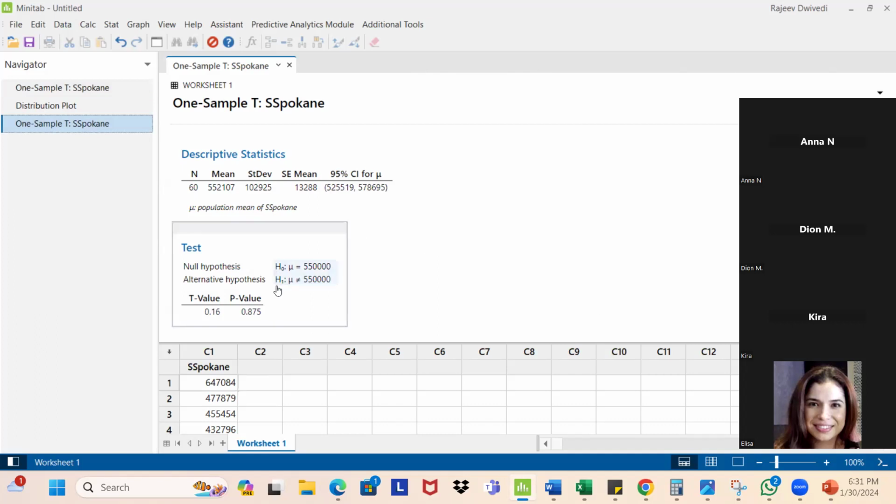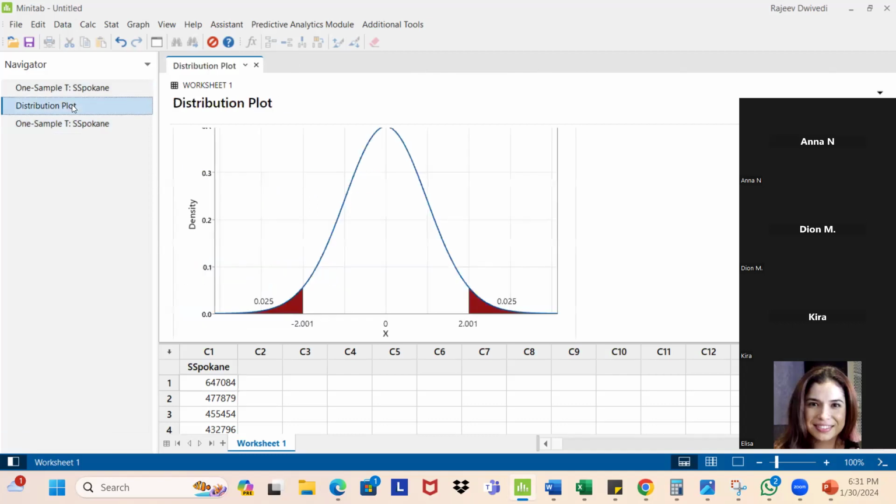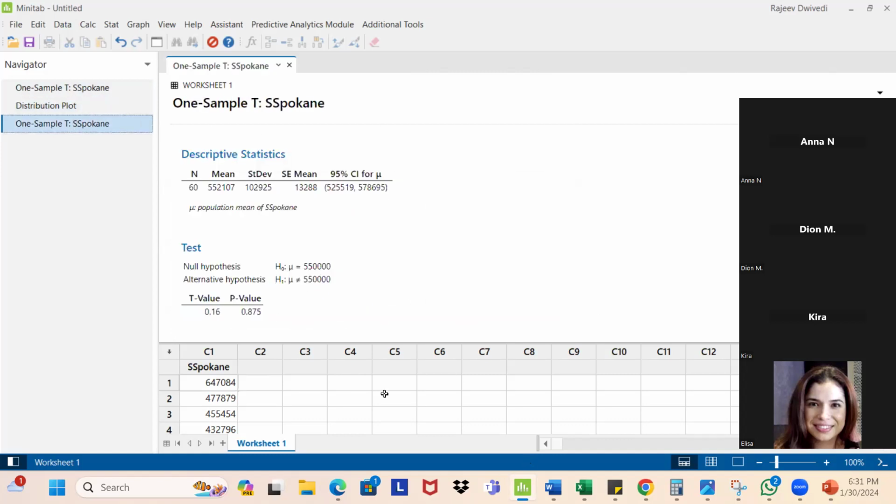I changed the mean price and our null hypothesis is accepted, because you see the t value is 0.16 and this is the t distribution. So it is coming within the acceptance region. P value is also greater than 5%. So our null hypothesis is accepted.